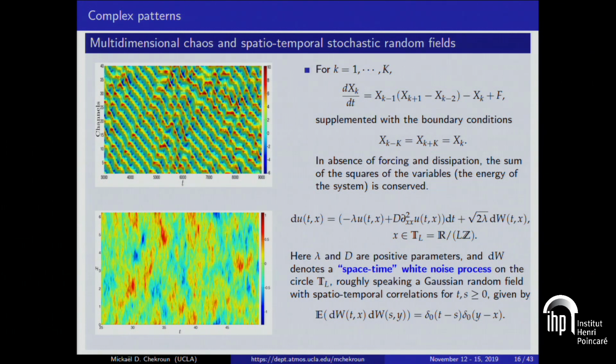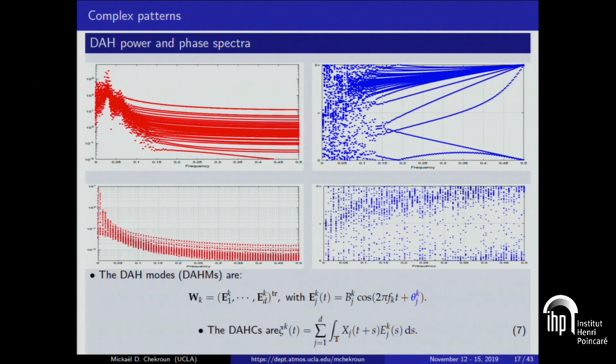This is time, this is X. And I want to look at my data adaptive decomposition, my DAD, of this data. What is what? These are the frequencies that you see here, and my lambdas are now ranked in the vertical.